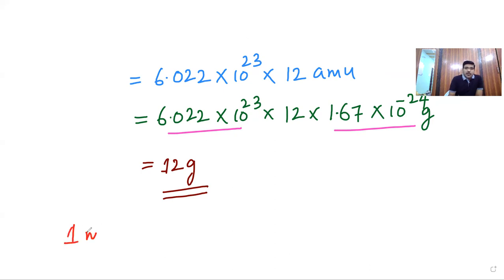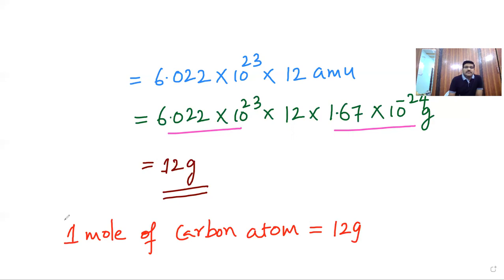That means the final conclusion, if I write: the mass of 1 mole of carbon atoms is equal to 12 grams.